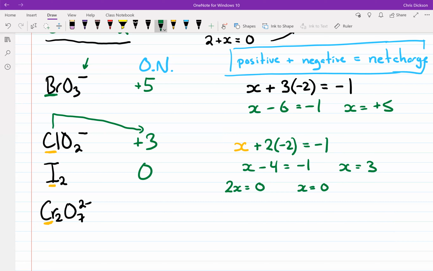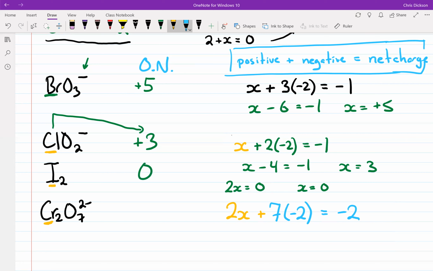Okay. So this polyatomic ion has a -2 charge, so that's the net charge, but I've got 2 chromiums, so 2X, plus, and then I've got oxygen, I've got 7 oxygens, each with a -2 charge, because once again, this is not diatomic oxygen gas, and it's not a peroxide, and an overall charge of -2.